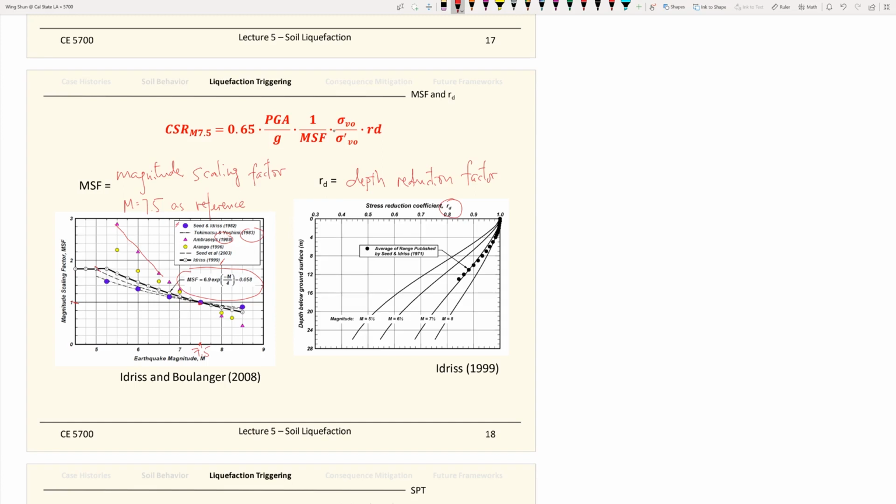If you get to a really great depth, I don't think liquefaction will happen, because the confining stress is so high. If you truly understand critical state soil mechanics, the dilative behavior of soil depends on both density and also the vertical confining stress. So when you have a very high confining stress, no matter what density you are at, very likely you will have a dilative response versus a contractive response of the same soil.